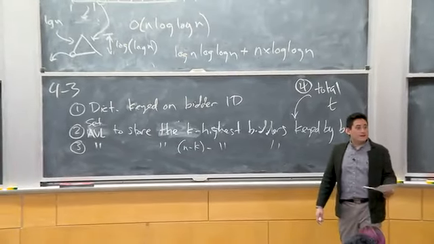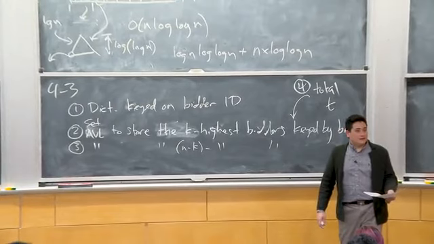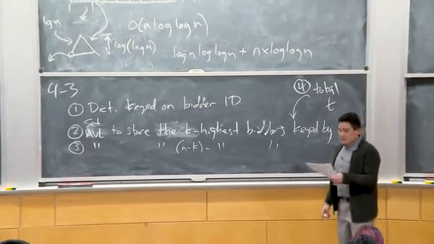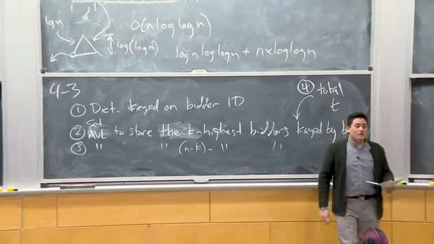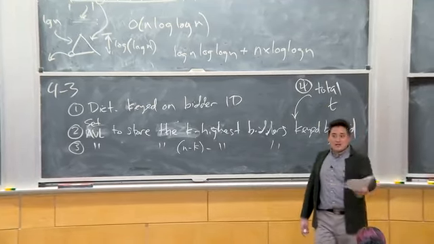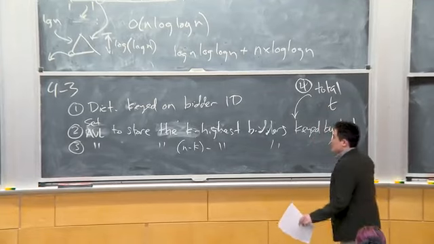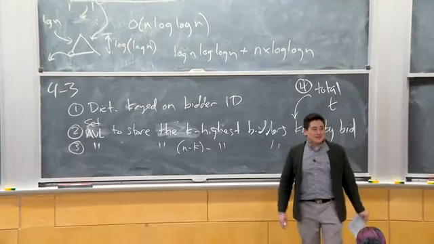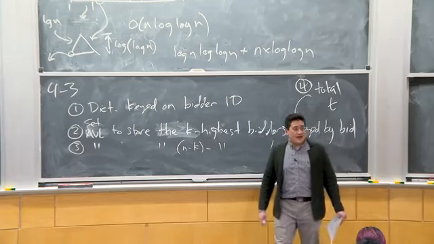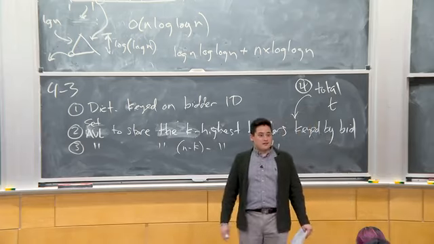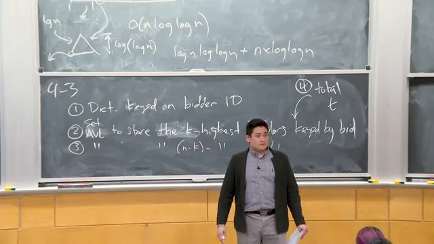Yeah? Just one question. Can we assume that the bids will also be unique? Can you assume that the bids may be unique? No. Right? So that's actually a really useful observation. We've been talking about set data structures as requiring unique keys, right?